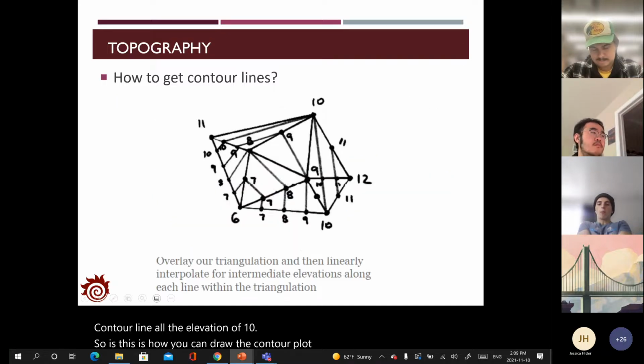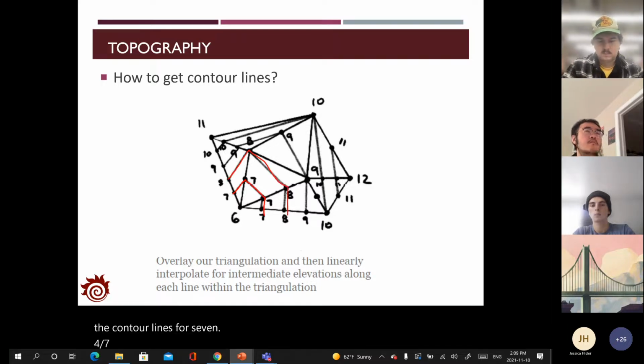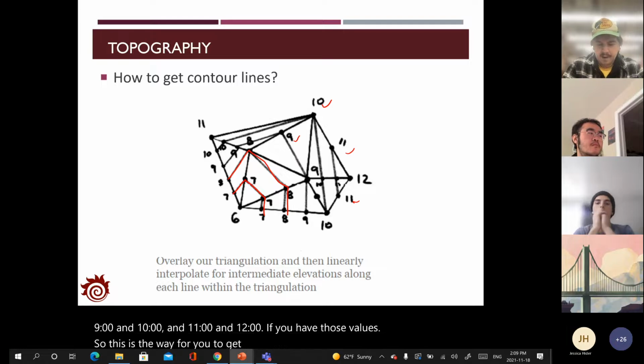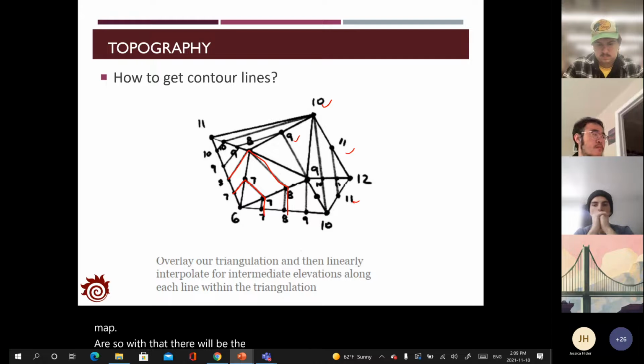With that, you can find out the contour lines for 7, 8, 9, 10, and 11, 12, if you have those values. So this is the way for you to get the contour lines and draw the topography map. With that, that is the whole process to complete the topography mapping.